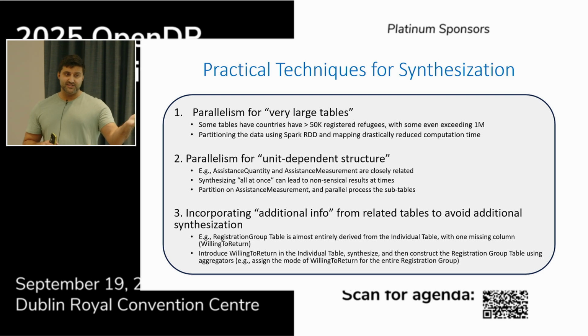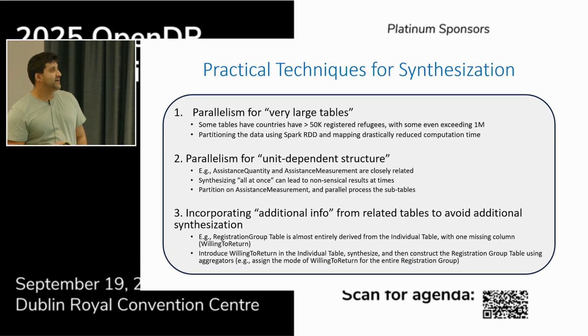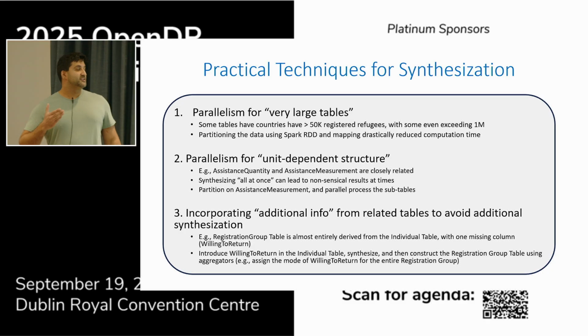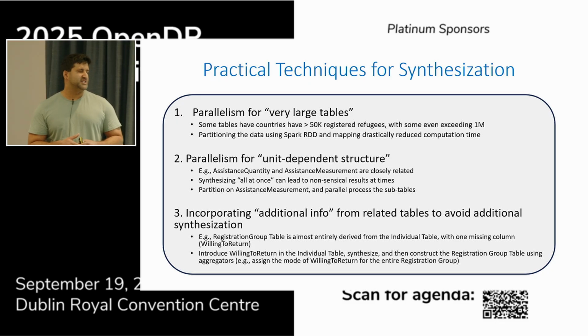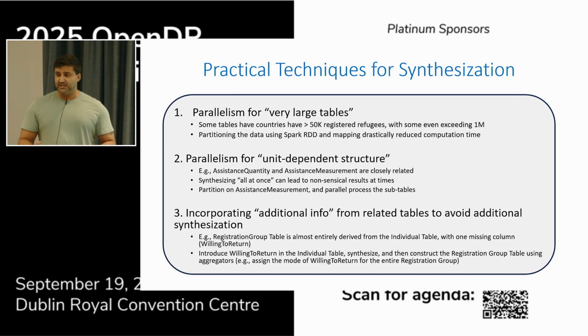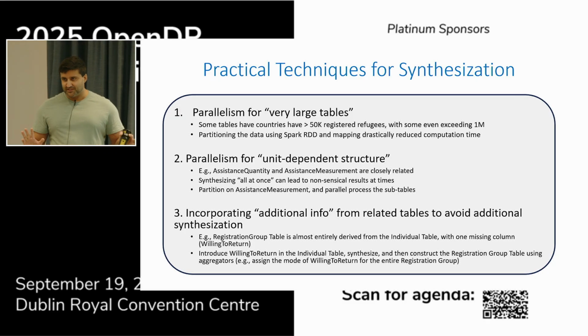If I get 1,000 pesos versus one medical kit, when I do the synthesization, I might get nonsensical crossing between those. So to overcome that, we ended up slicing some tables based on their unit-dependent structure, synthesizing them differently, and then combining them to make sure there weren't synthetic artifacts along the way. Because 10,000 pesos is different from 10,000 medical kits, just intuitively.